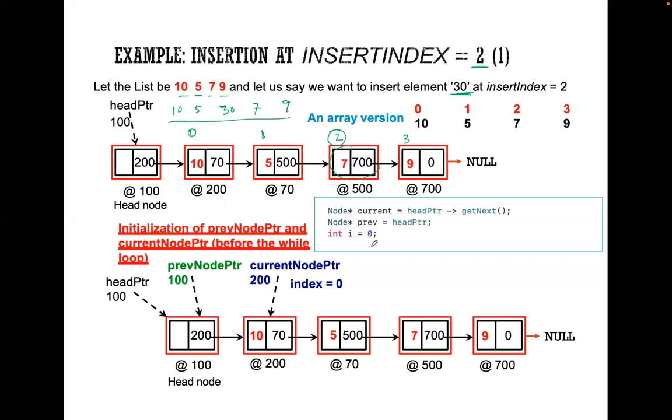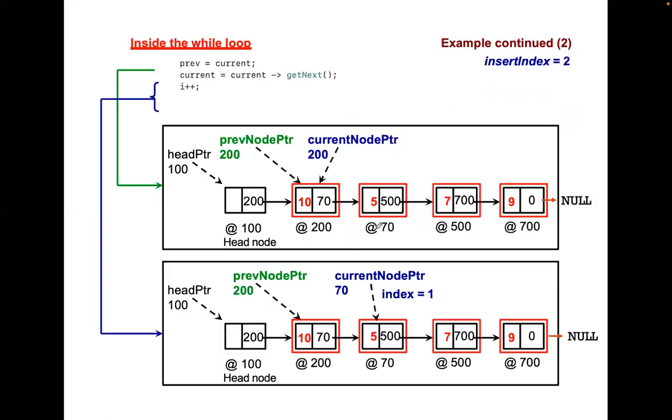All right, so what we are going to do is move our previous node pointer and current node pointer exactly as we did in our last example. But now we have one initialization variable I starting from 0, and we keep updating this I value.